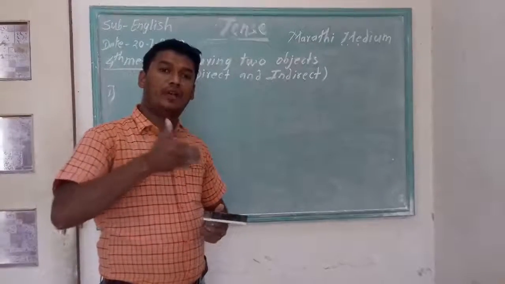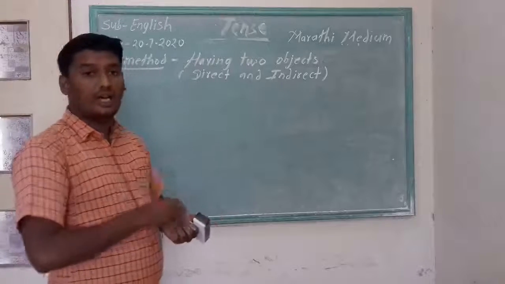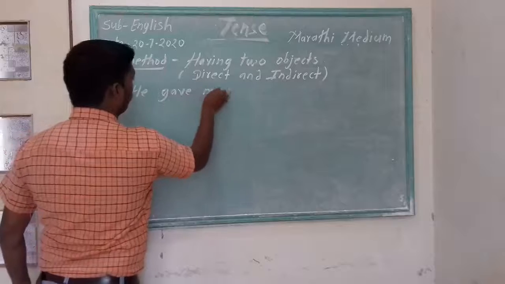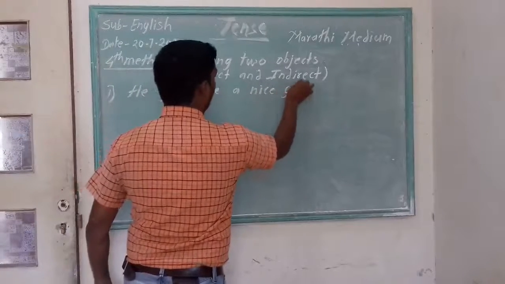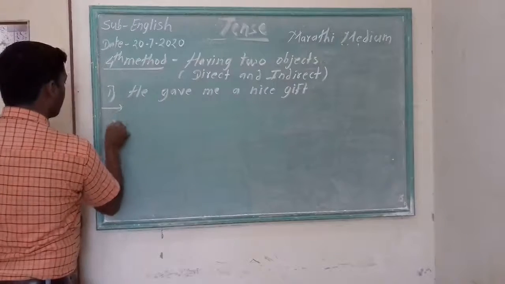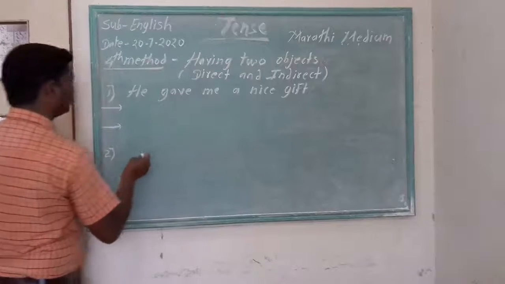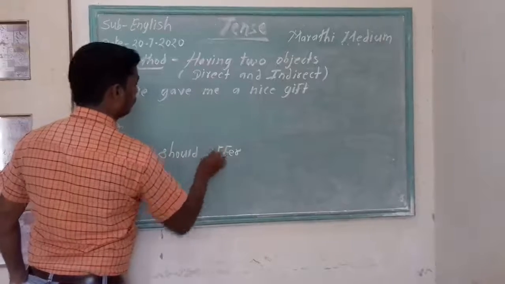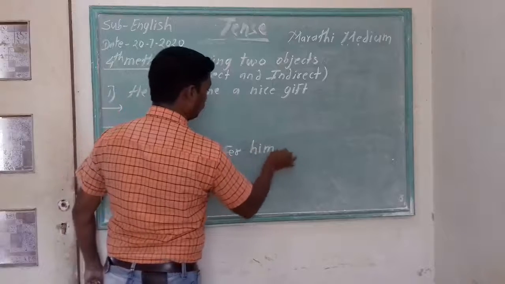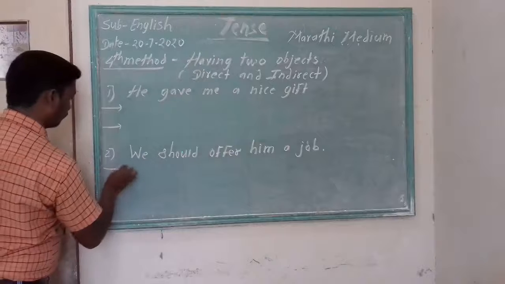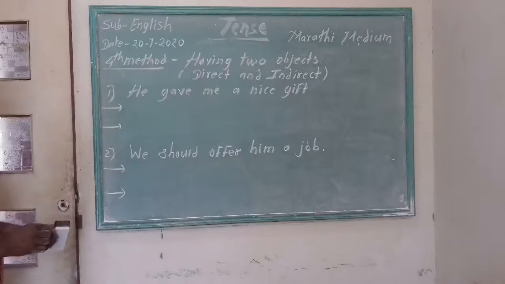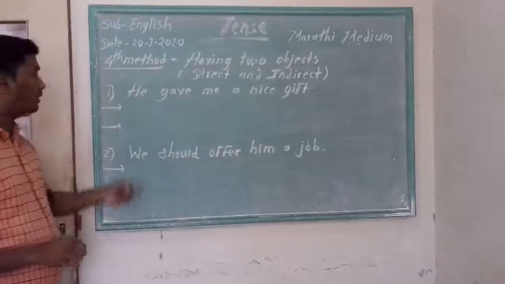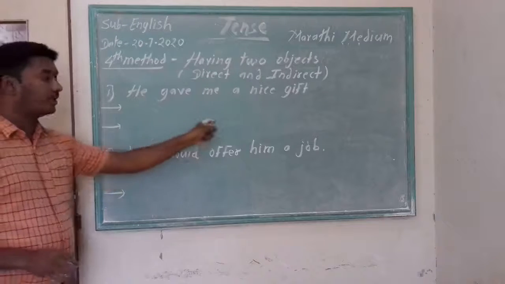Look, we are going to learn how to convert such activized sentences into passivized ones. First, I write some examples here. I have written two examples: He gave me a nice gift. We should offer him a job.